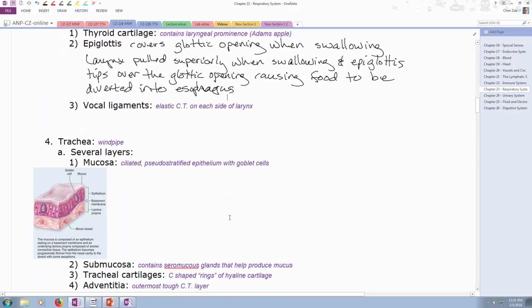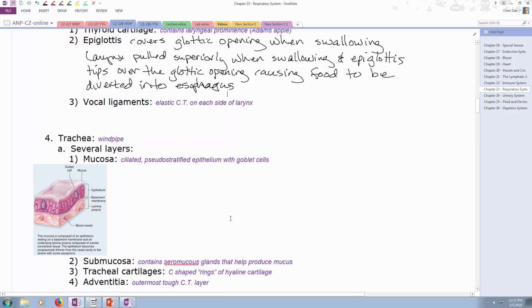If it doesn't work effectively, we will start a cough reflex, correct? If it fails, this causes cough reflex. Is the cough reflex functional when you're unconscious?